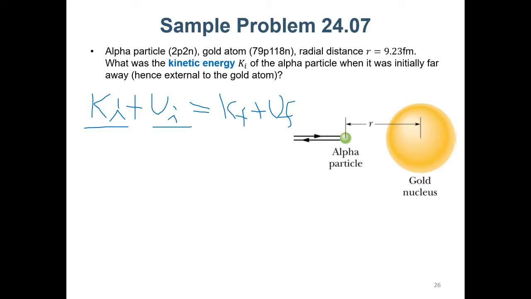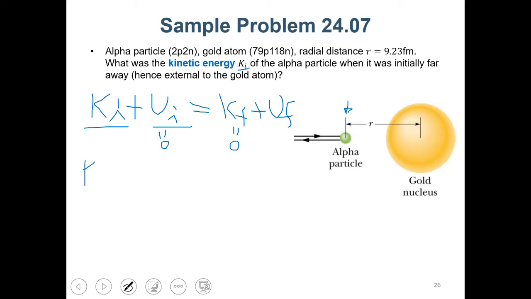So actually, you need to find Ki. And we assume the initial potential to be 0. Also, the final kinetic energy would be 0 because it momentarily stops here, so no velocity, so no kinetic energy.